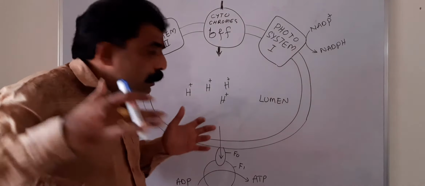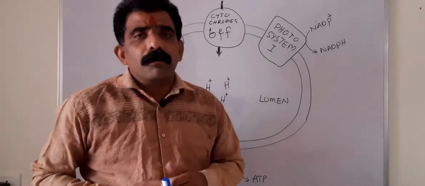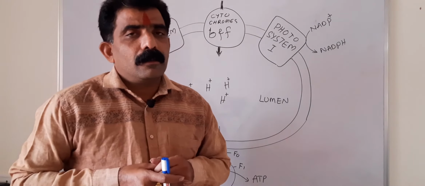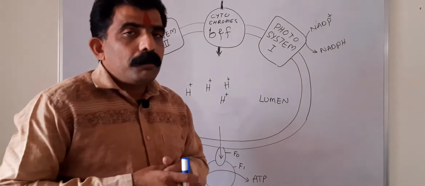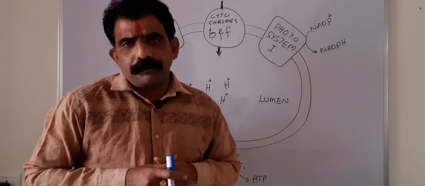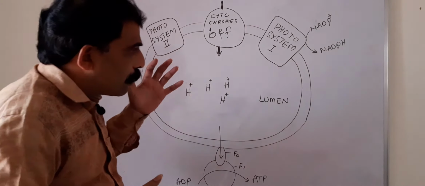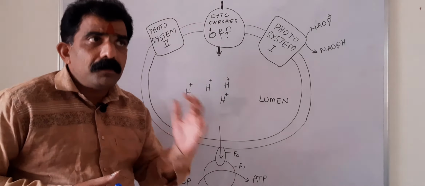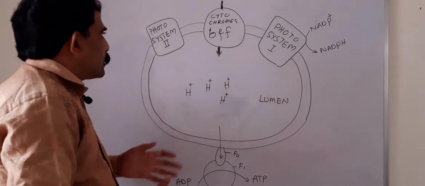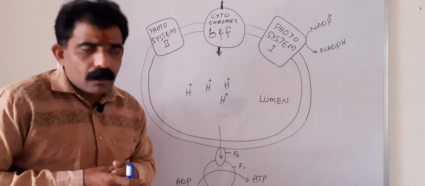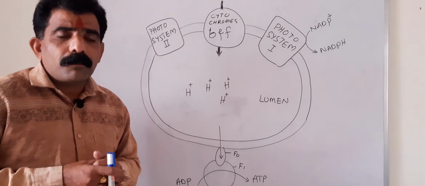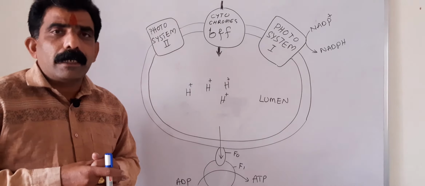The electrons removed from the P680 are not cycled back to the P680. They are transferred to the P700, the reaction center of photosystem 1. So here an electron deficiency is created. To fulfill that electron deficiency, water molecules undergo photolysis, the breakdown of water in the presence of light.